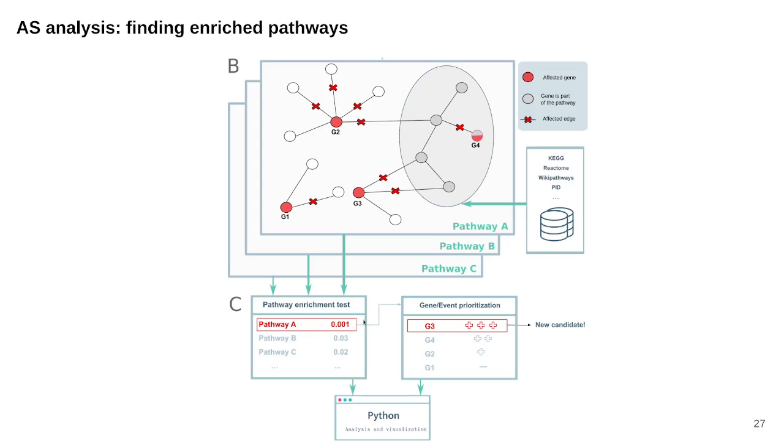And because we are doing enrichment at the network level, not necessarily genes that are part of the module or known to be associated with the disease will be found. It could be a new candidate, for example this gene 3. Because you check if it's significantly affecting a pathway, we could also prioritize or find new candidates that could be misregulated by splicing, right?